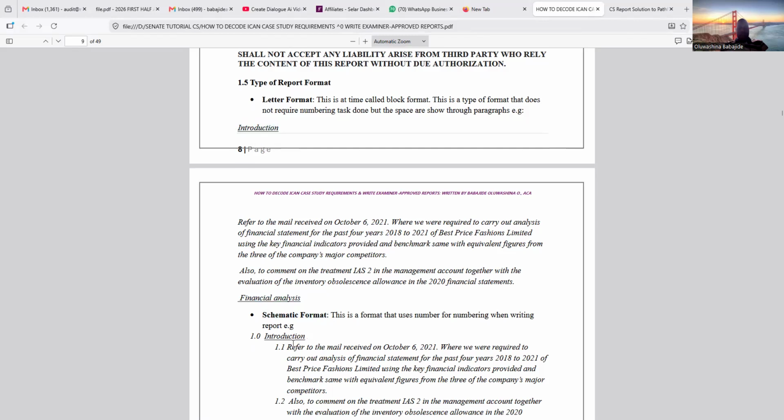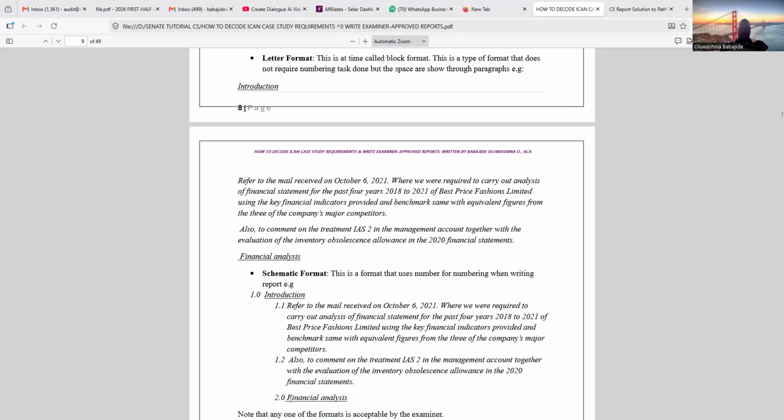Then when I want to start another line, I put 1.1. It means that this one relates to 1.0, right? So my reference to the mail received, I put 1.1. Then when I start another paragraph, I put 1.2. So that is the difference.